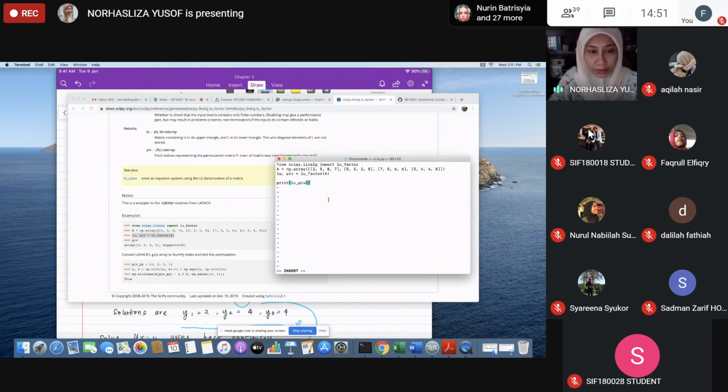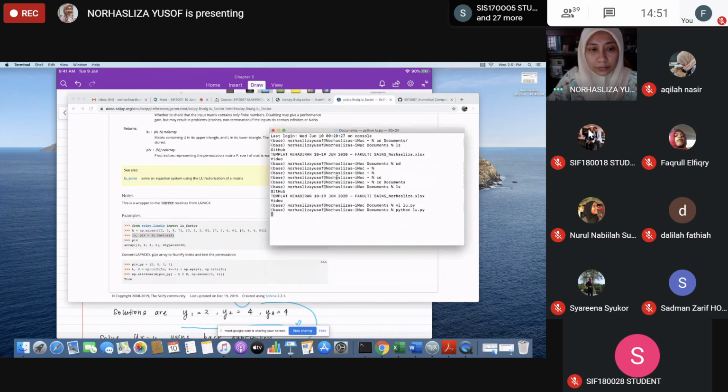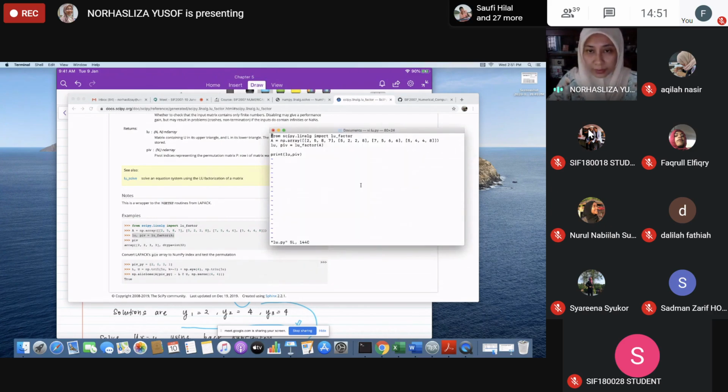So you can run this and see how it looks. Oh, sorry, I have to import NumPy.